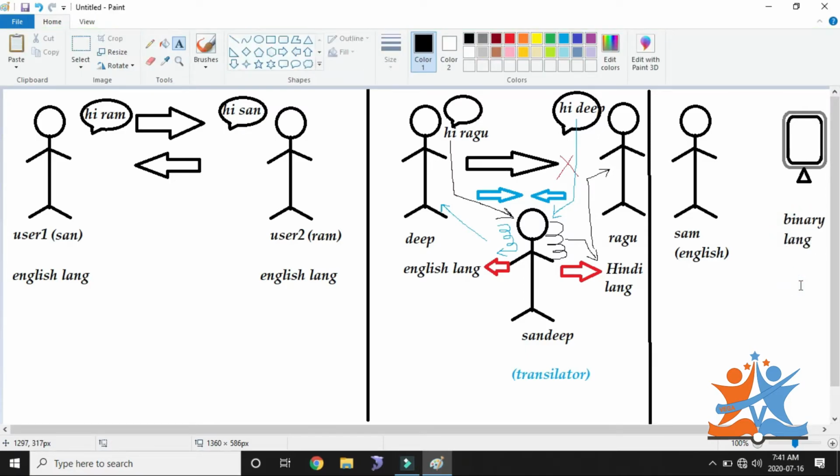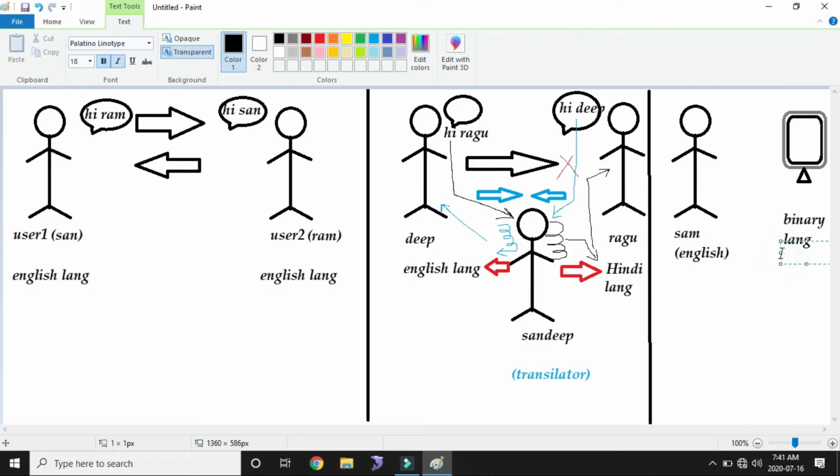Binary language is nothing but a combination of zeros and ones.